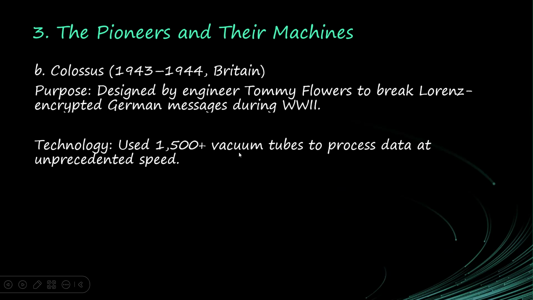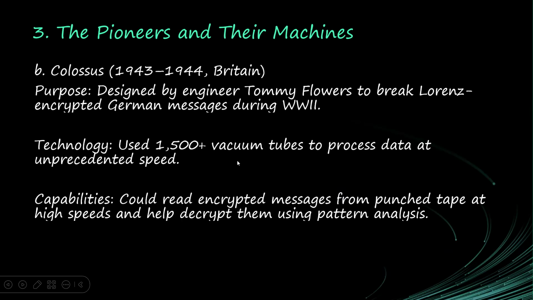So instead of using electromechanical relays, Tommy Flowers used vacuum tubes, and there were 1,500 of them. In this case, computers were becoming purely electronic. So what were the capabilities?